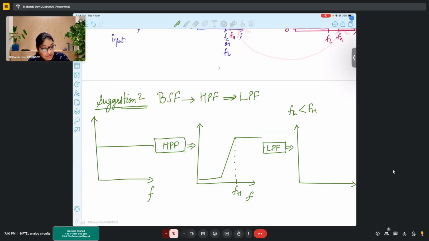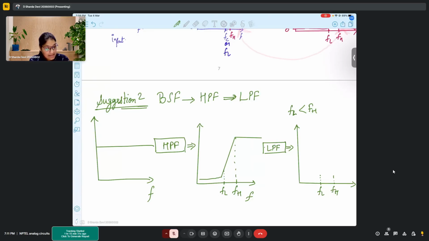Yeah. Okay. So if FL is less than FH, say here somewhere your FL would come, right? Correct? So here it is FL, here it would be say FH. Now again, we know for low pass filtering, whatever frequencies are less than FL, the signal will pass as it is.